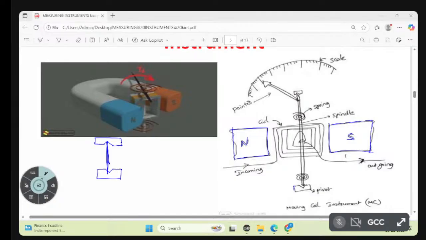Okay. See, it is a nail. The support purpose of this nail is like this. Look at how the nail is, how the spindle is. This is a pivot, like this, down and up.